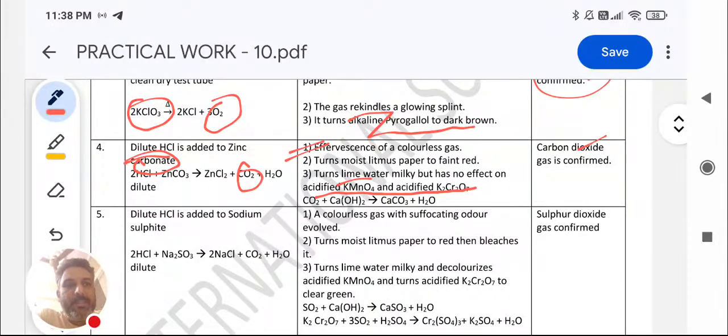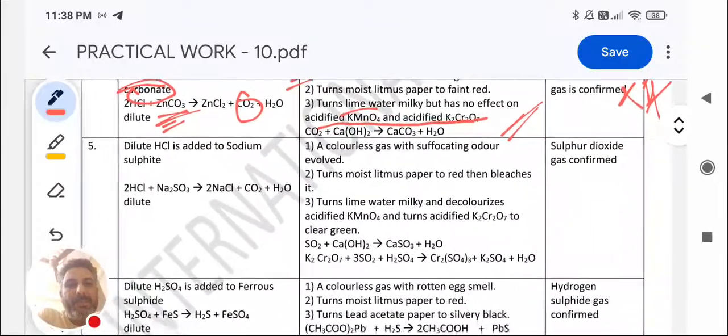So carbon dioxide is very, very important from the examination point of view. So, test for carbon dioxide: one, it turns lime water milky but has no effect on potassium permanganate nor on potassium dichromate. And the carbon dioxide gas is produced from the metal carbonates. So this is also very important.